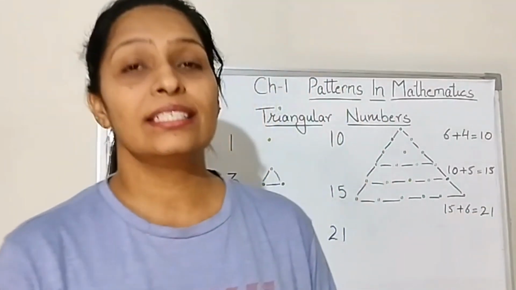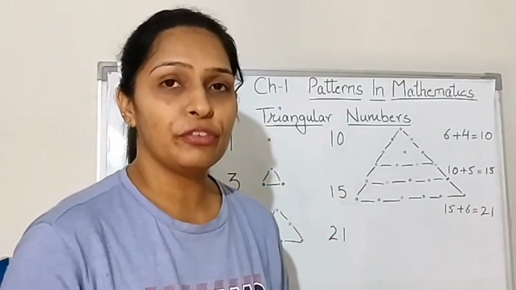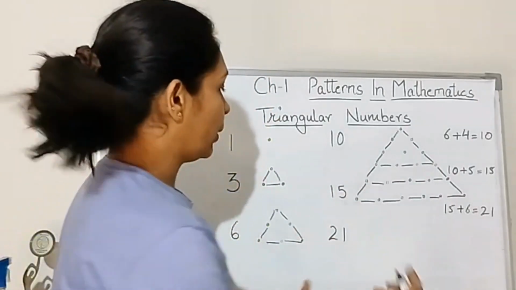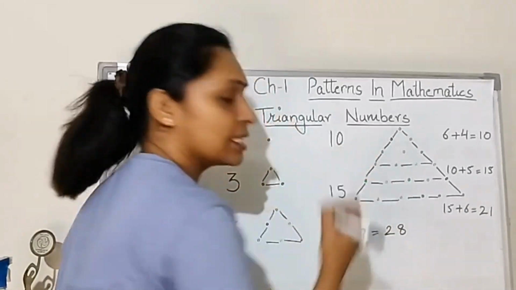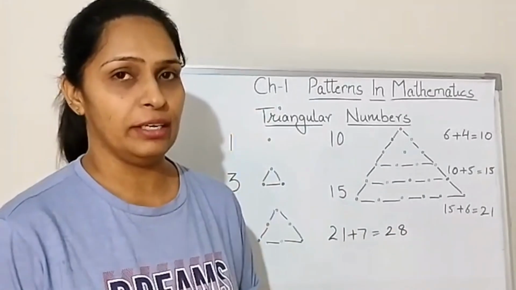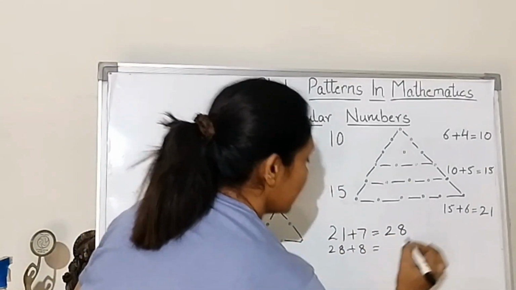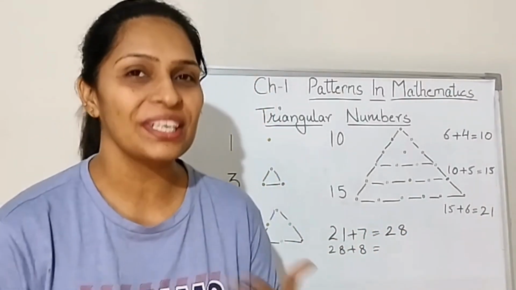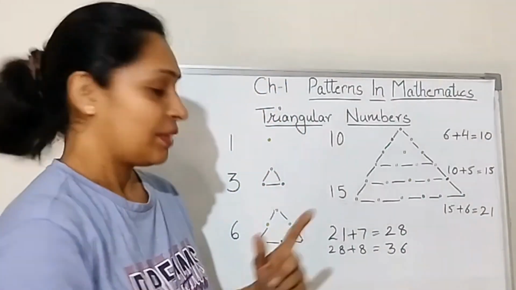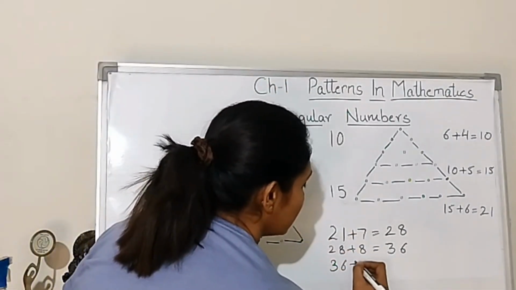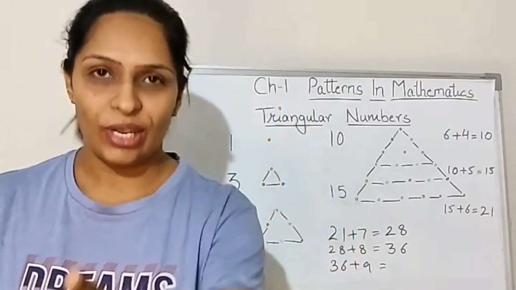So this is the pattern of the triangular numbers. In order to get the next consecutive triangular numbers, what we simply need to do is 15 plus 7 gets me 28. The next triangular number would be 28 plus 8, and that is going to be 36, and 36 plus 9, and that is going to be, it's your task now.